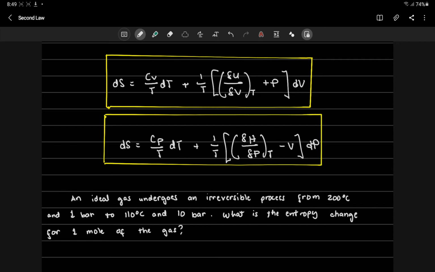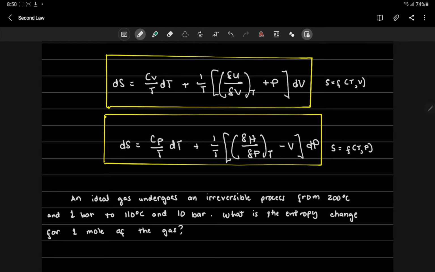And the first equation stemmed from the fact na ang inyong entropy can be a function of both temperature and volume, while the other equation came from the fact that your entropy is a function of temperature and pressure.